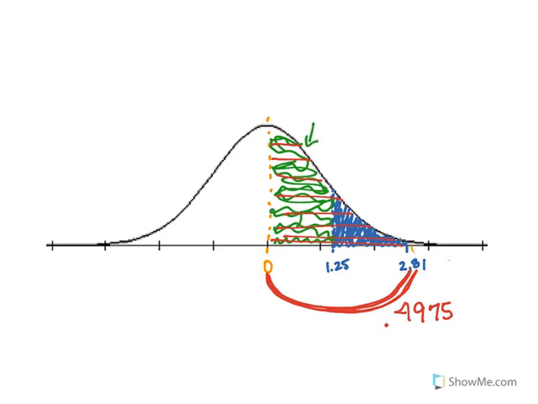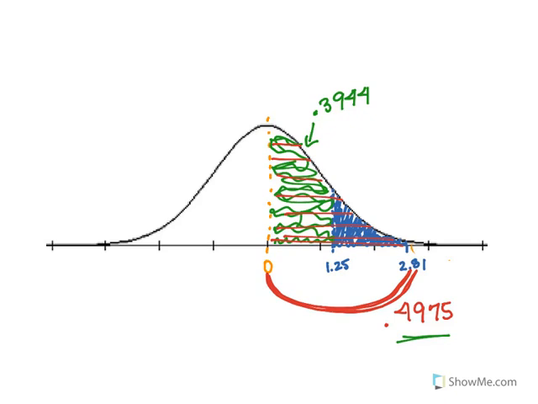So if I go and find that green piece, which would be the mean and z at 1.25, that mean and z is 0.3944. And if I subtract that off of the total, that would give me what's left in blue.